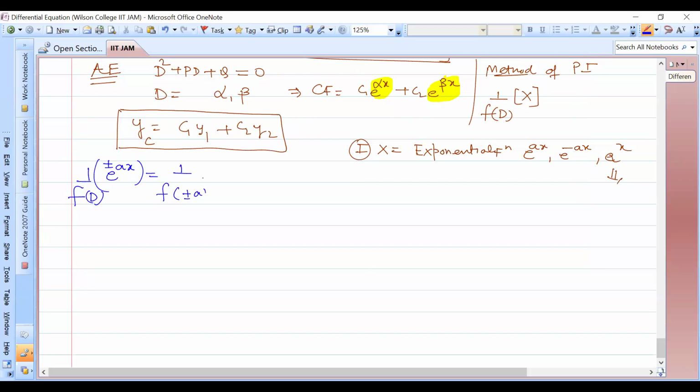1 upon f of a e raised to ax, that is, replace each D with a, provided f of plus minus a is not equal to 0. Agreed?